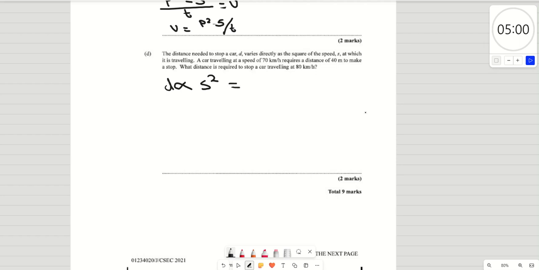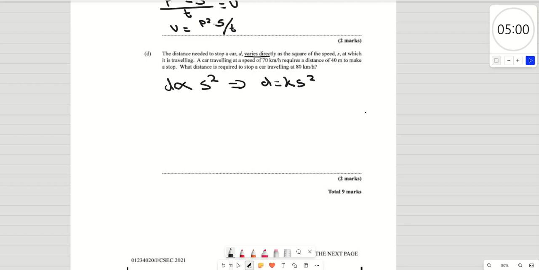And we know when they say varies directly or directly proportional, it will turn to D is equal to a constant multiplied by what it is varied or directly proportional to. So D is equal to k s squared, right? So now that we know this is the equation that we have gotten, let's read the second part.